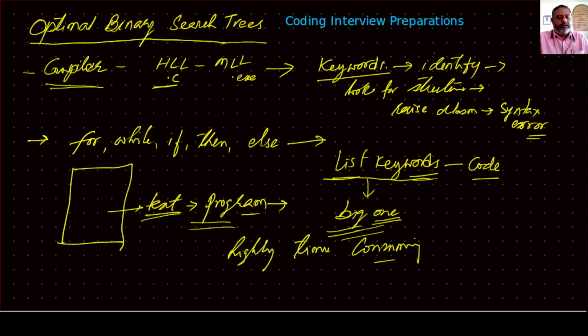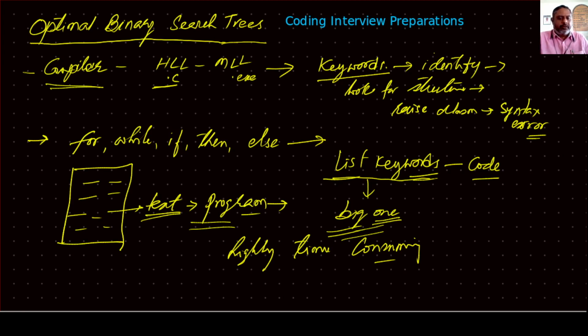Every word we find in the text of this so-called program file has to look into this keyword list and see whether this word matches with any of these keywords. If so, return the code. If not, then just neglect it and continue to the next word.